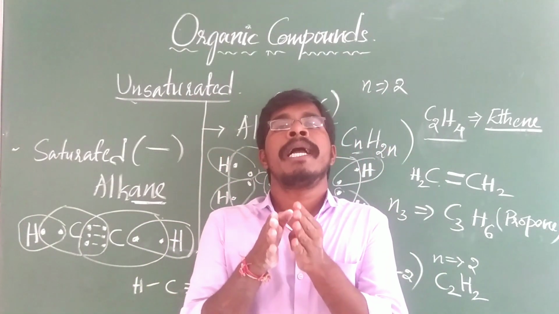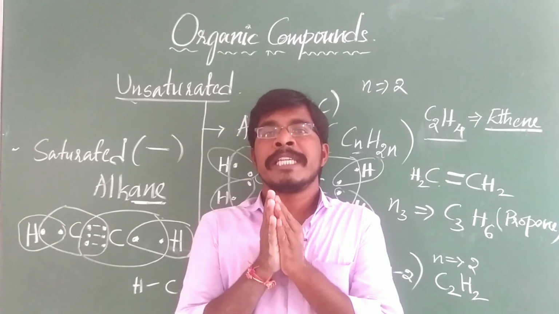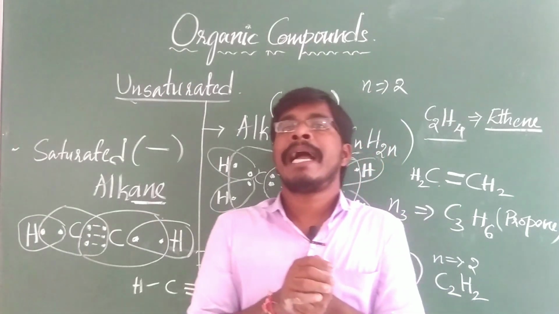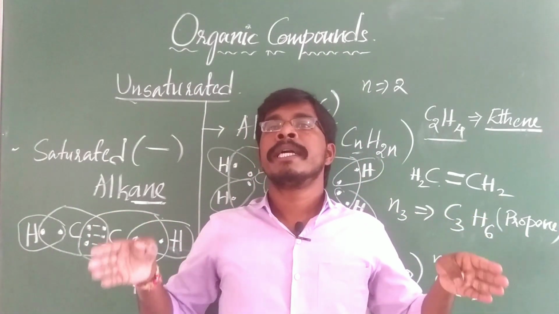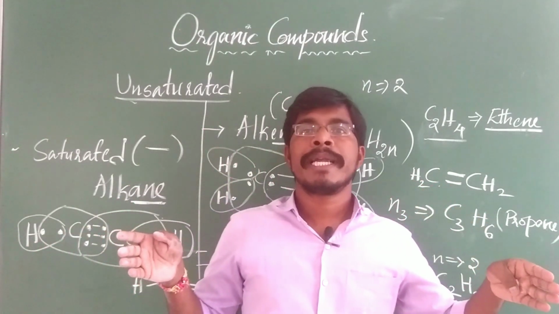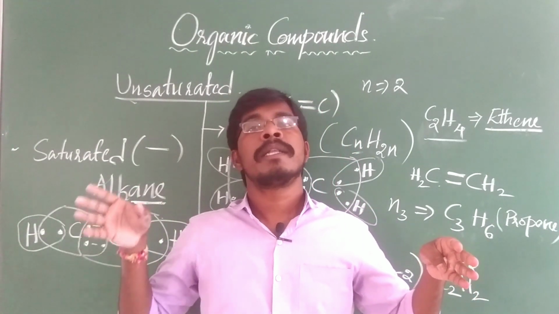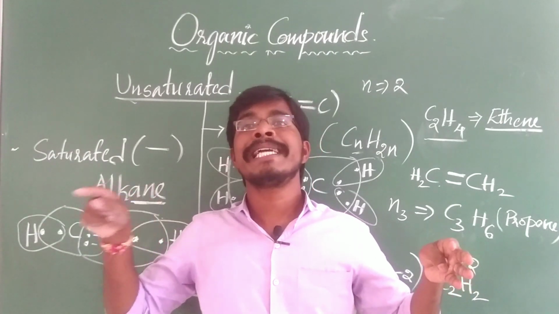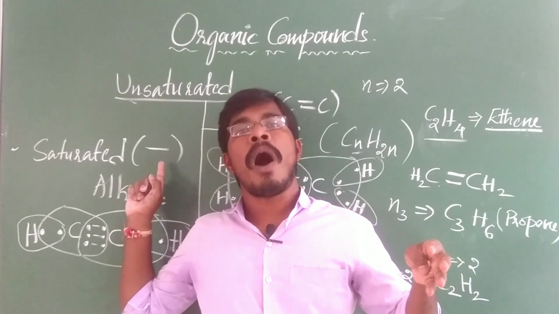An organic compound is nothing but a compound which is combined with carbon and any other elements, and these organic compounds are divided into 2 types: saturated hydrocarbons and unsaturated hydrocarbons. So in the saturated hydrocarbon, the carbon and carbon are combined with a single bond, only a single bond is present, and this is called alkane.